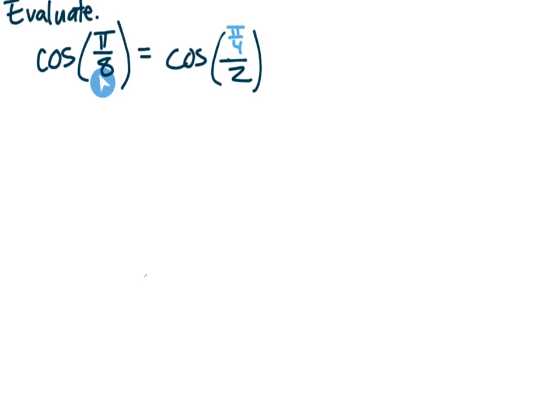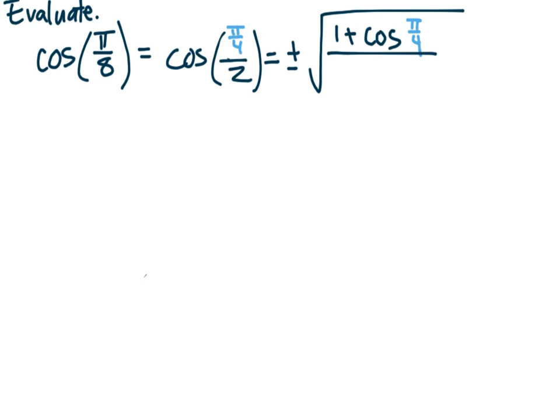That is equal to what I started with. But the cosine half-angle formula says that this is going to be plus or minus the square root of 1 plus cosine of that better known angle A, which we found in this case was pi over 4, over 2. That is what the cosine half-angle formula tells us.